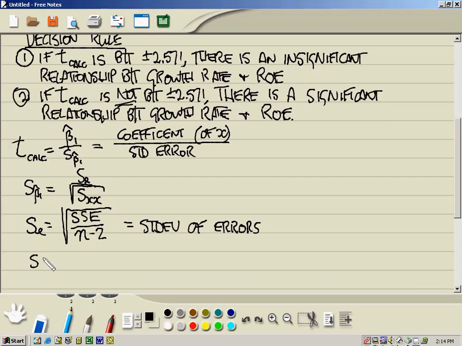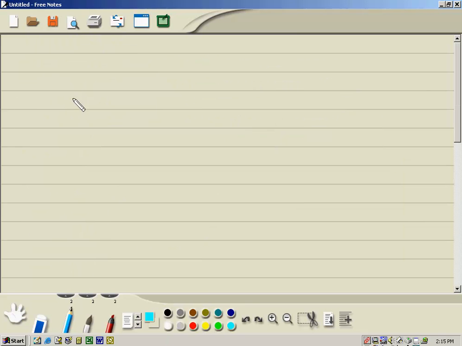Alright, and then the error sum of squares: sum of squares of y, Syy, minus beta hat 1 times the sum of squares of xy. And the result there must be greater than or equal to 0. Mostly greater than 0. Alright, so those are all the formulas.